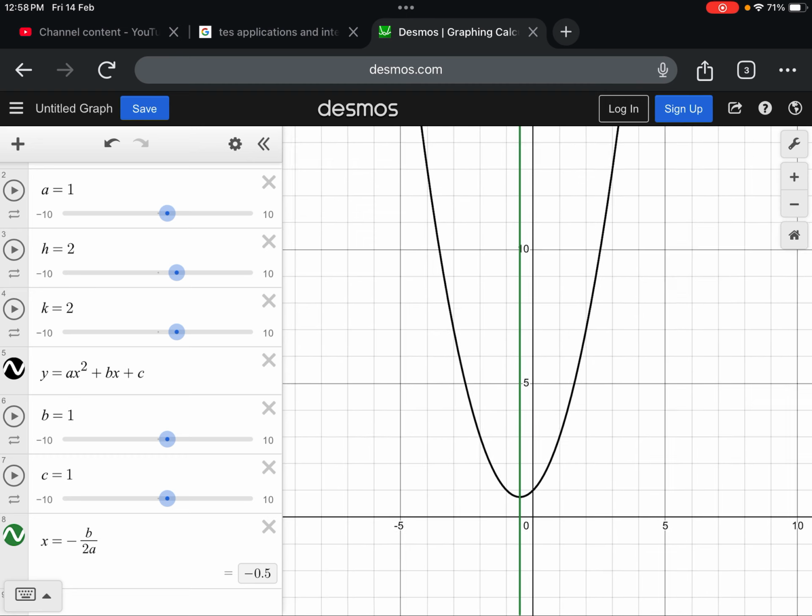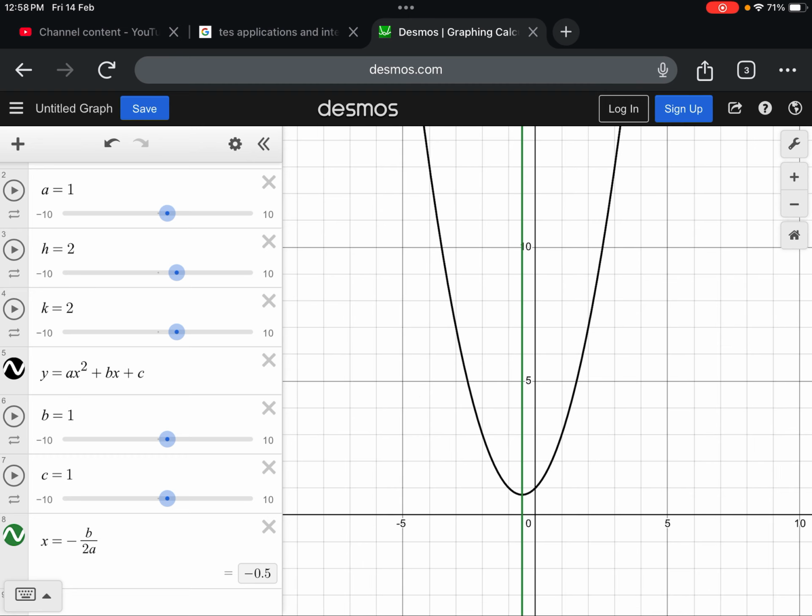You realize that this green line cuts the graph right through the middle of this quadratic graph, and it creates a little symmetry between the two parts of the graph. So obviously the green line is a line of symmetry that passes right through the minimum point of this parabola.